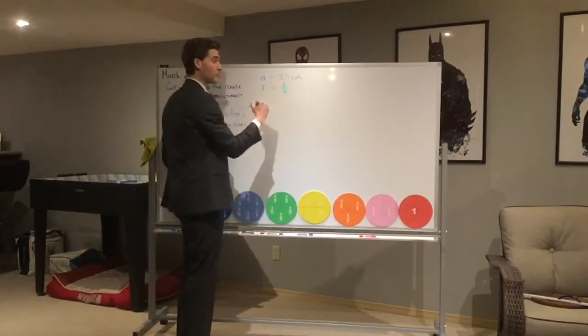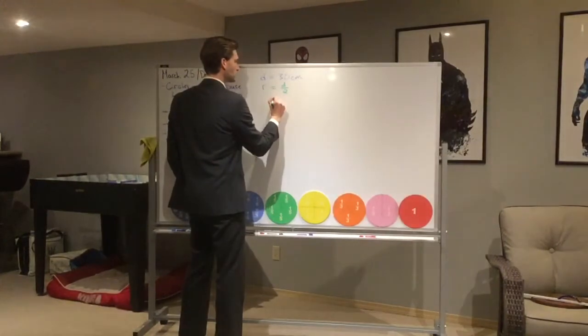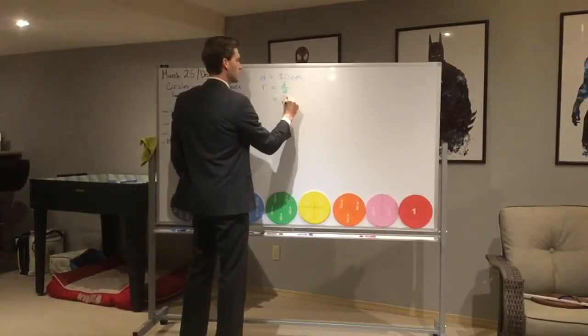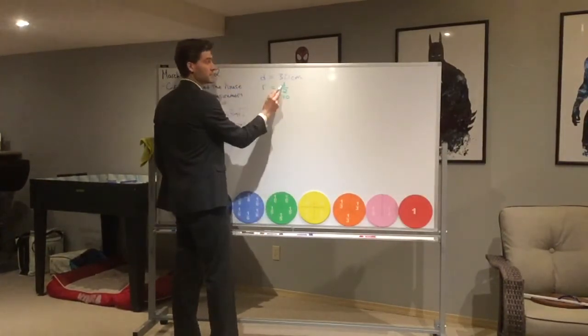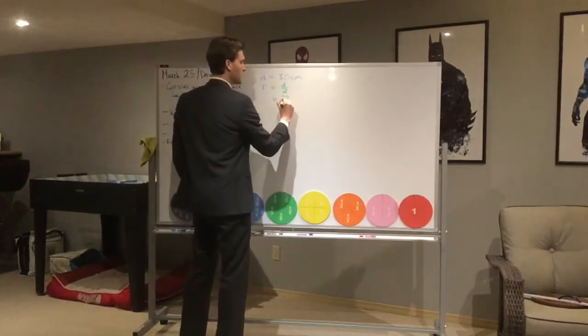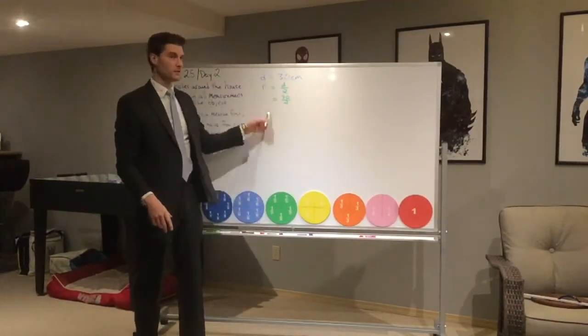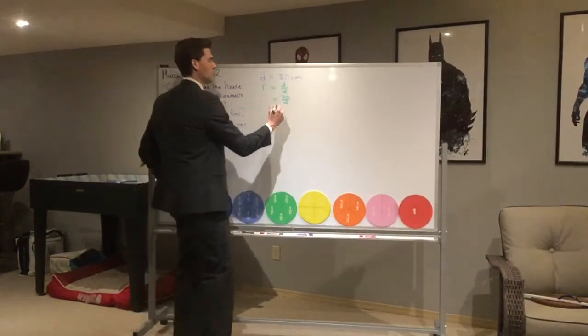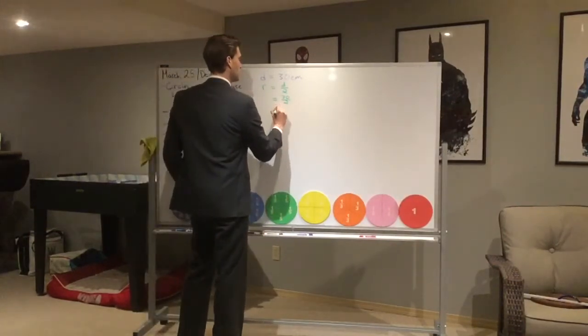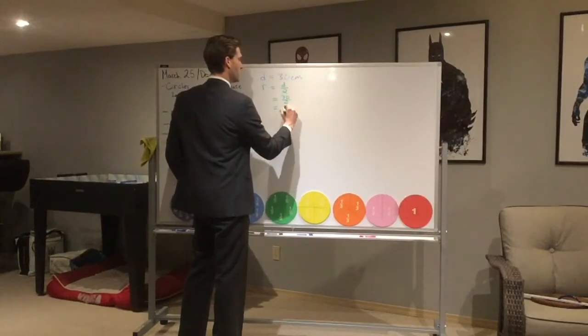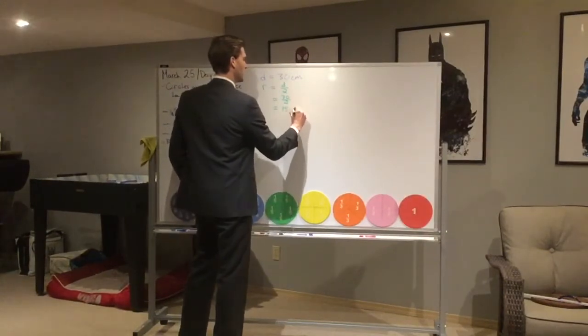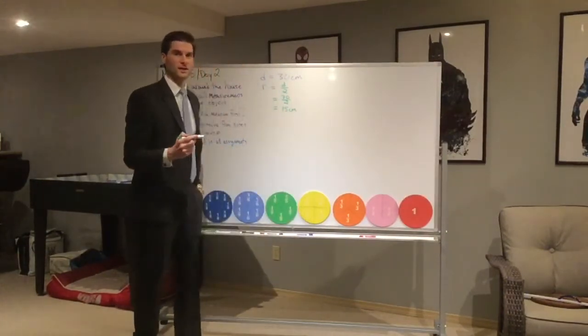I know the diameter is 30 centimeters, so I replace the d with 30 centimeters, and it's still being divided by 2. I bring down my equal sign, make sure that's in line, and then I just do it. 30 divided by 2 is 15, meaning that the radius is 15 centimeters.